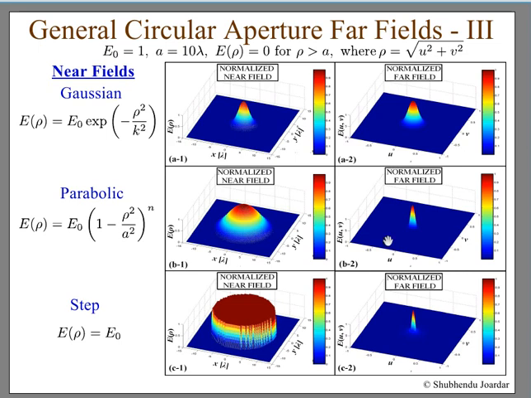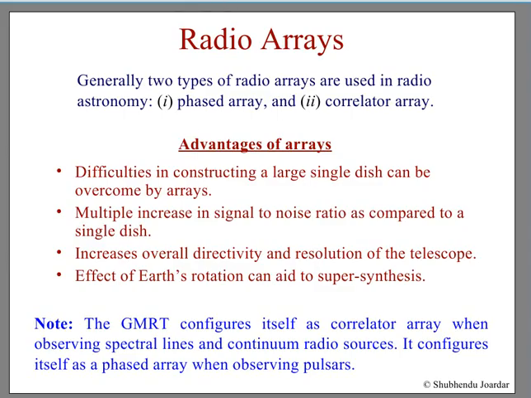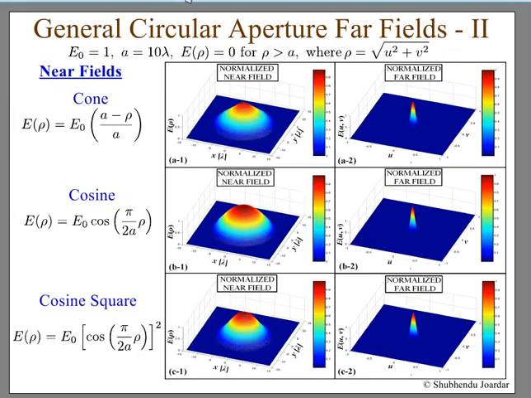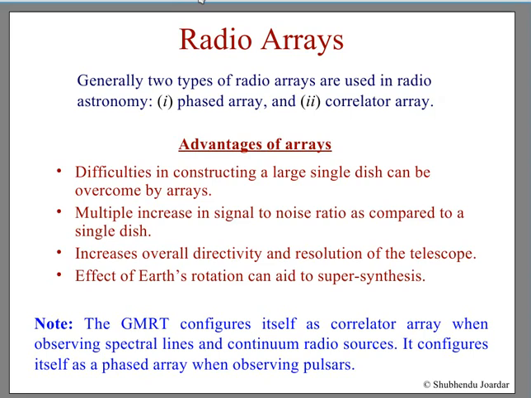In any other case, you will definitely get side lobes. And this is the worst case, where you have a step-like illumination, that is, uniform illumination across the aperture, and here you will get a lot of side lobes. I am again sorry about this because I am not able to show it in this diagram. I simulated these on MATLAB. These are my simulations, but anyway I am not able to show you.